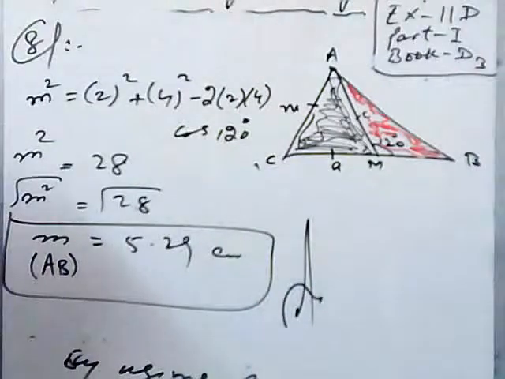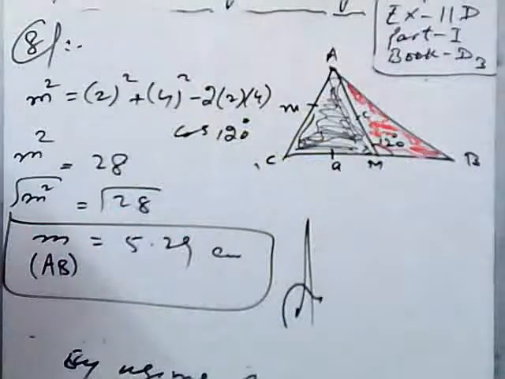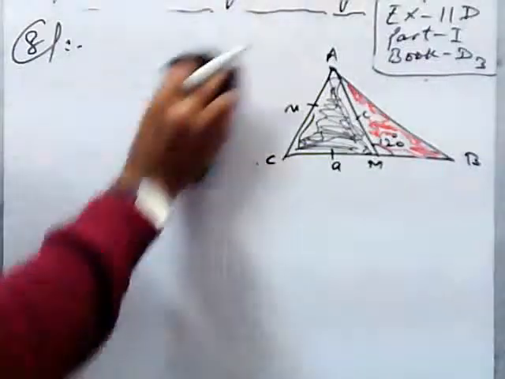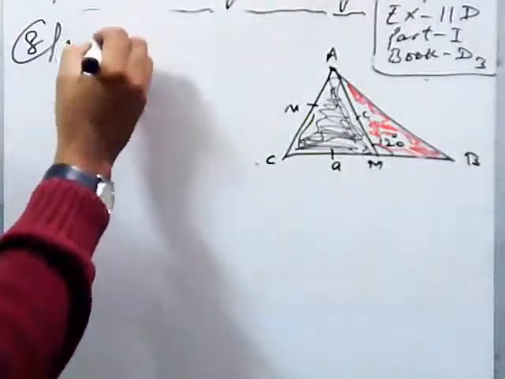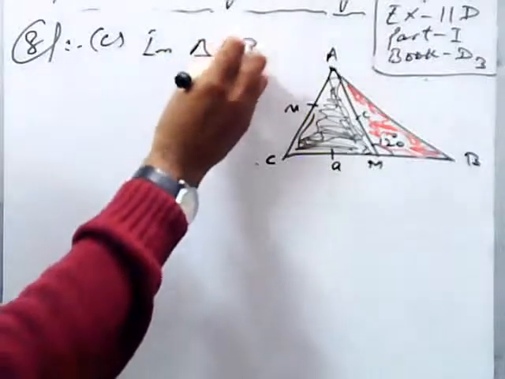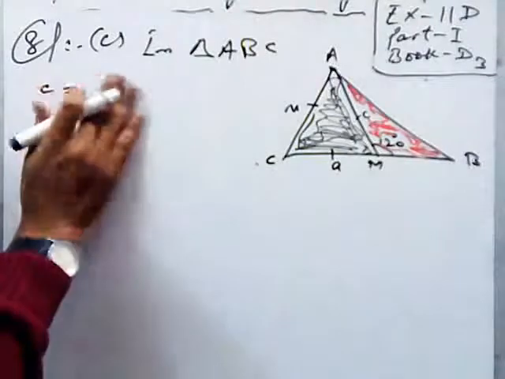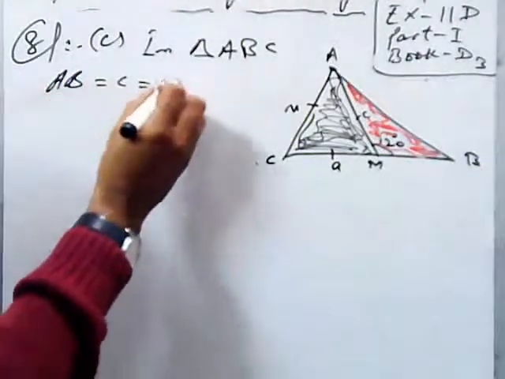In the third part, consider the full triangle, that is ABC, because you have to calculate the angle C. So in part number C, in triangle ABC, where c is equal to AB, which is equal to 5.29.